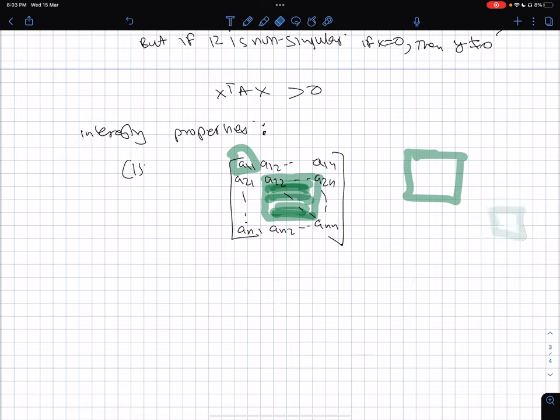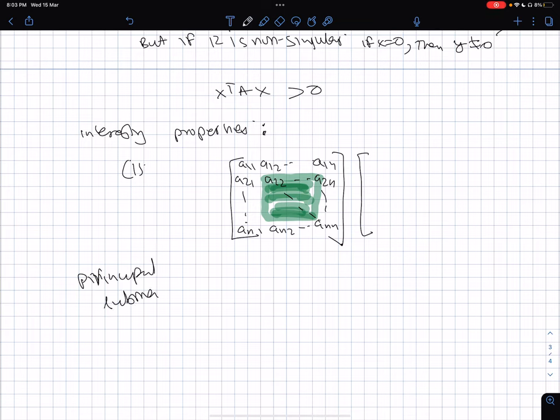That's why I'm saying that it's not a good way of computing it. But all such principal submatrices are also symmetric positive definite.